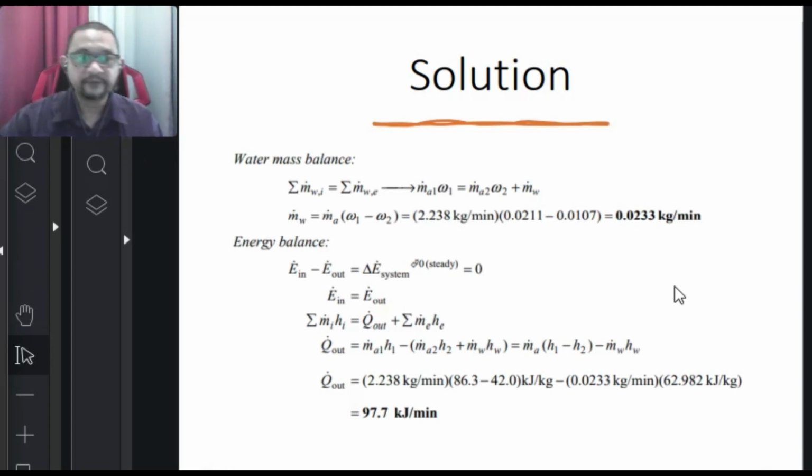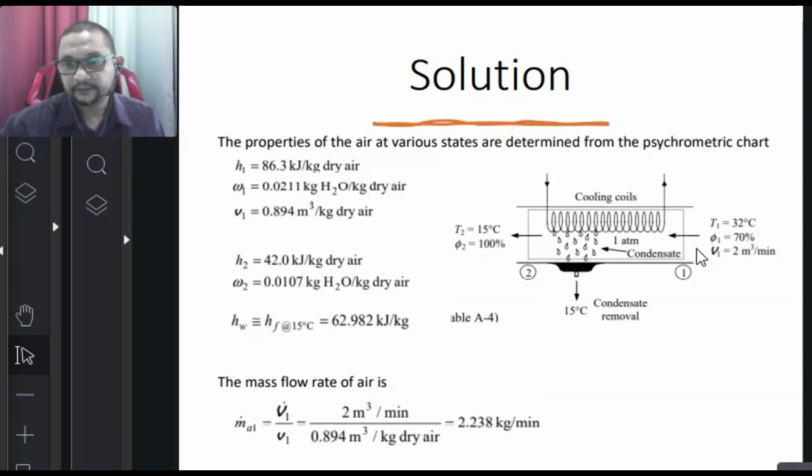Okay, that is for Q dot. Therefore, after you have concluded, this air conditioning unit removes moisture and heat from the air at the rate of 0.0233 kilogram per minute and 97.7 kilojoule per minute.